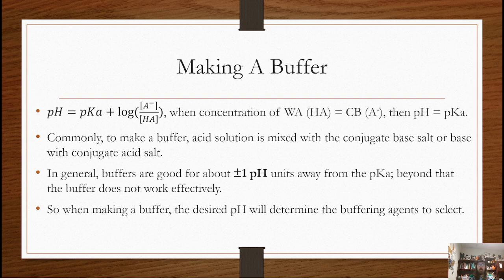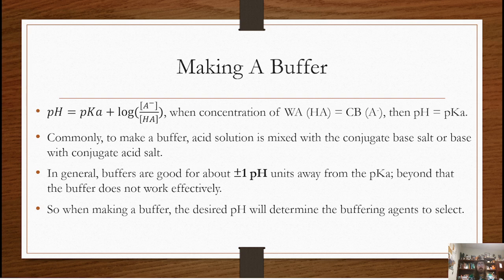The log of 1 is equal to 0. So in the cases when HA and A- are equal, pH is equal to the pKa. That's our starting middle point. You can have more A- or more HA, but where they're both equal, pH is equal to pKa.